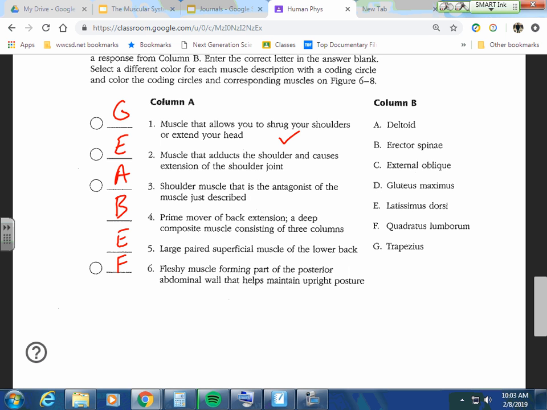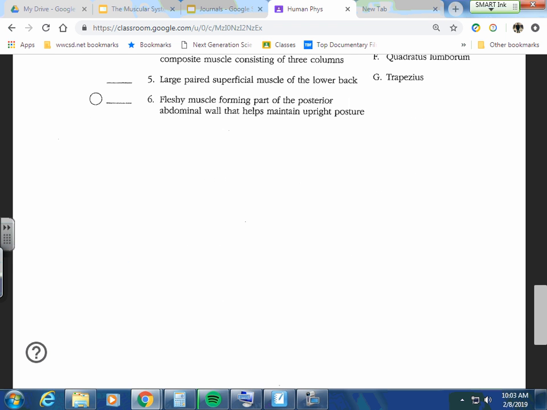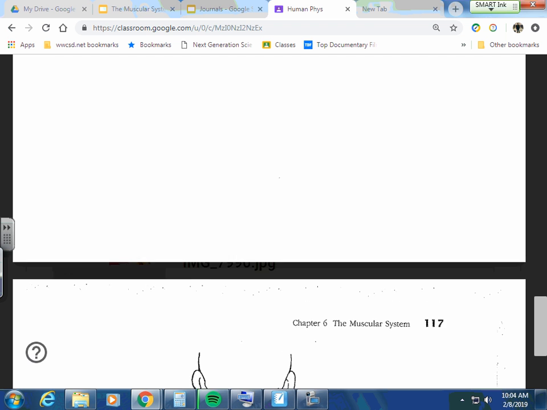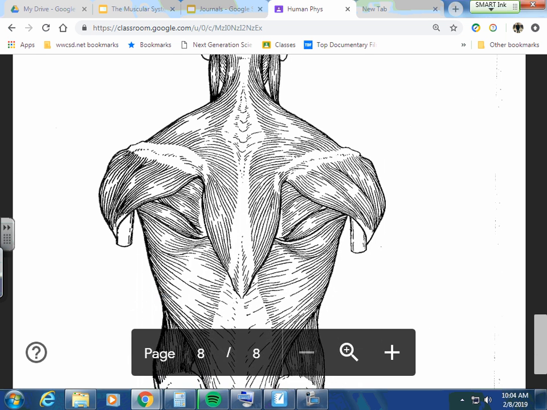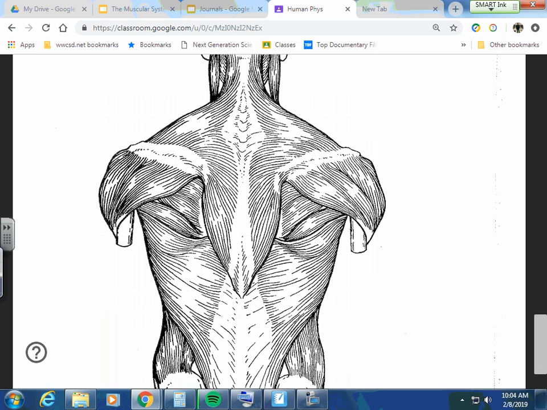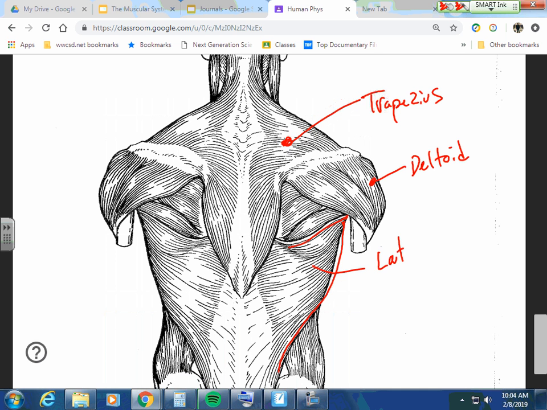All right. So labeling. Dorsal view of the torso. We see the deltoid again. And here's the trapezius. Yeah, it is a big muscle. Another big one here is the lats.